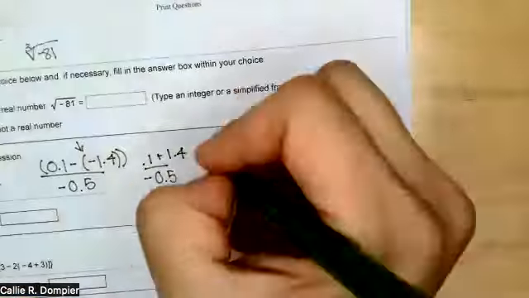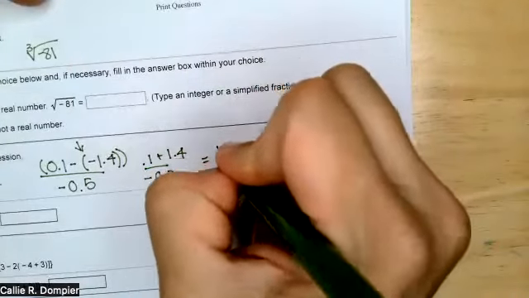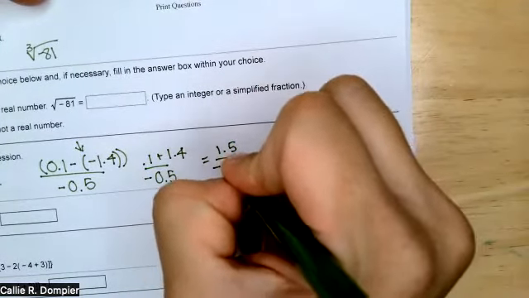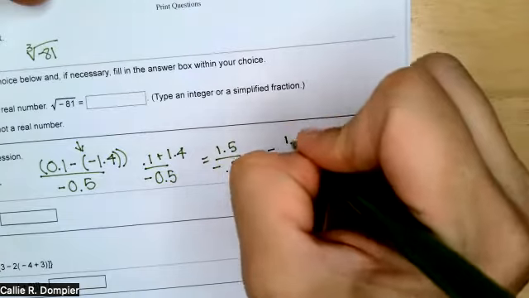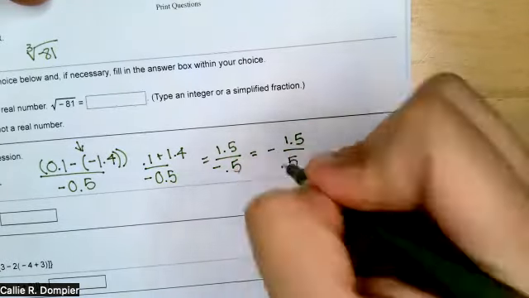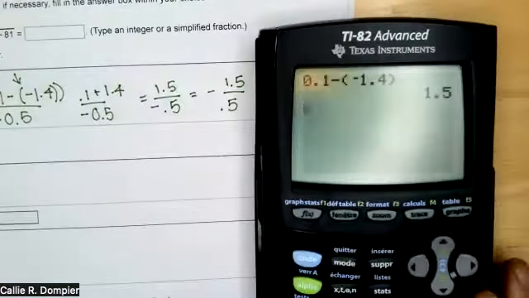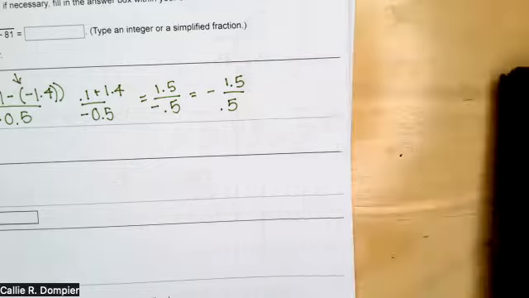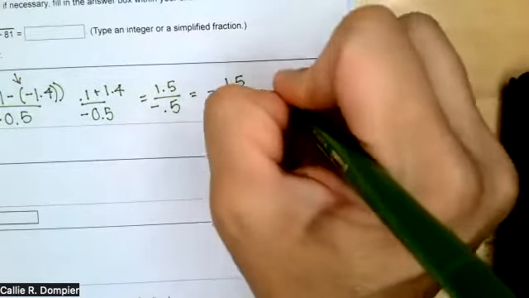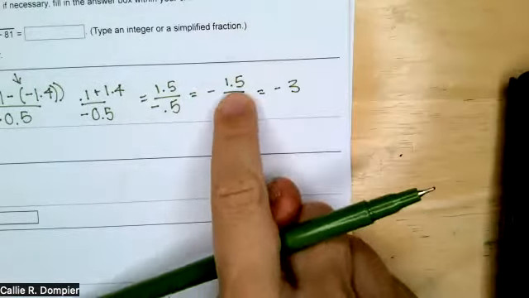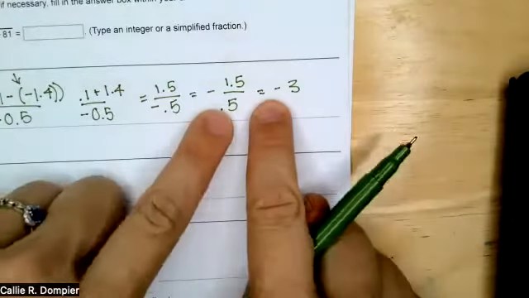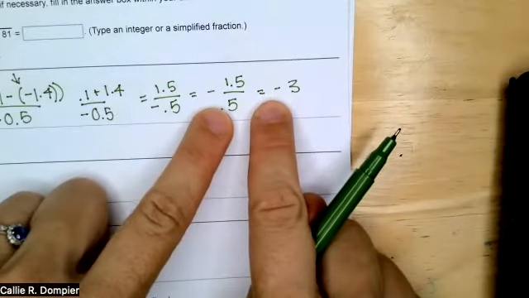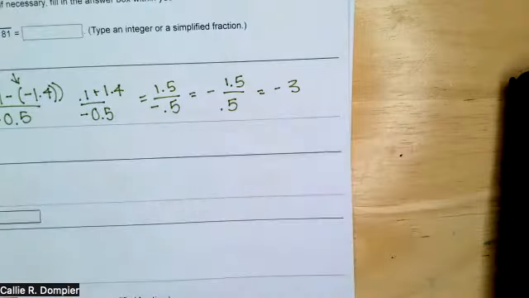So that becomes 1.5 over negative 0.5, or negative 1.5 over 0.5. And oddly enough, you can divide 1.5 by 0.5 and you get 3. There are 3 halves in 1.5, but it was negative. Good.